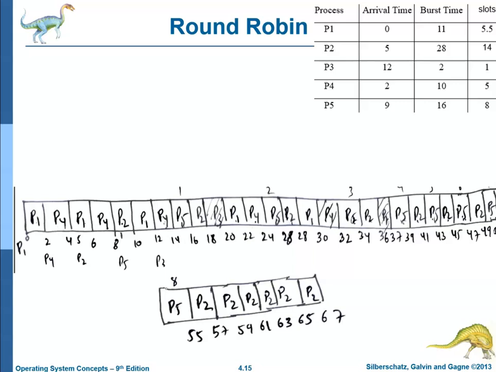Any newly arrived process is also added to the end of the ready queue. So round robin picks up the process at the front of the ready queue, executes it for the time quantum, and once the time quantum expires, the process is added to the end of the ready queue, and the next process at the front is taken for execution. With this understanding, let us start.